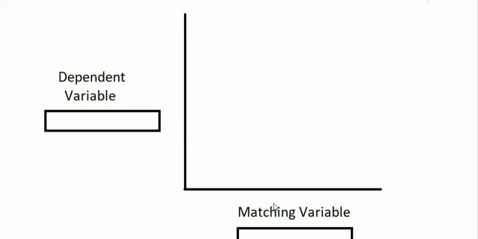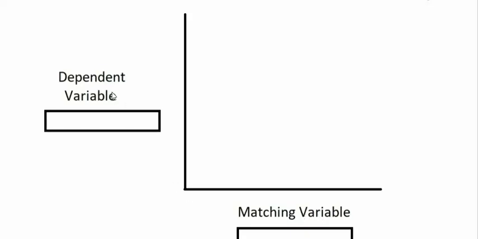So if your matching variable is hours of sleep and your dependent variable is recall, and you see a correlation here, then what that's saying is that hours of sleep and recall are actually connected. The people who were sleep deprived are doing more poorly, and the people who are well rested are doing better. And that shows that the matching variable was a good idea because it actually is connected with your dependent variable.